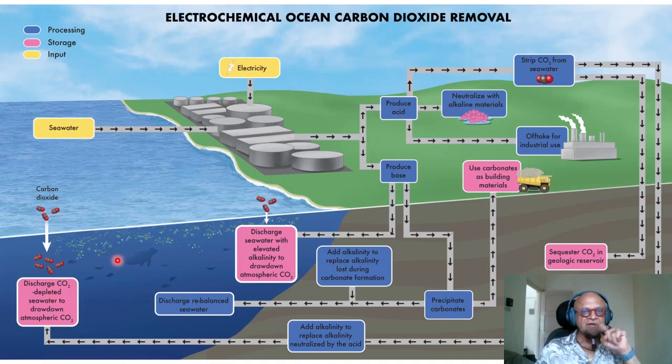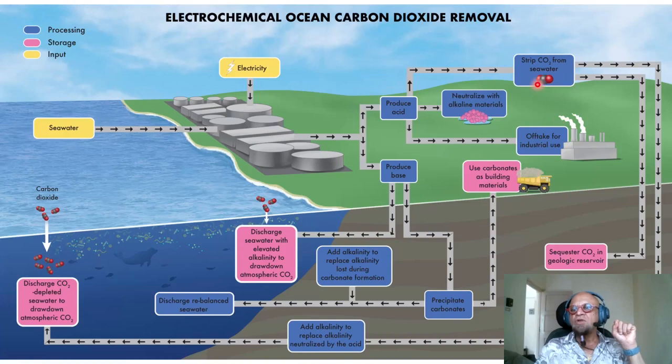So you have to track to make sure that pH is going down in the ocean by increased CO2 in the atmosphere. So we are increasing alkalinity by adding increased pH water or enhanced alkalinity water as well.